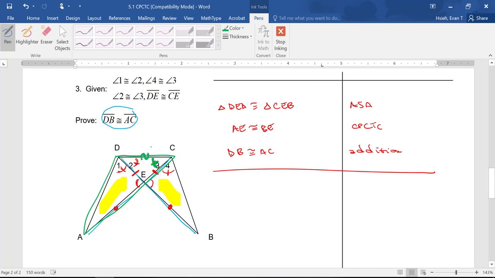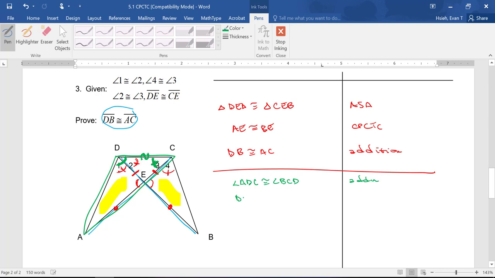They're shared between that triangle and the other overlapping triangle DCB. And I can do an addition property to get this angle congruent. Okay, so I know that angle ADC is congruent to angle BCD by addition property.